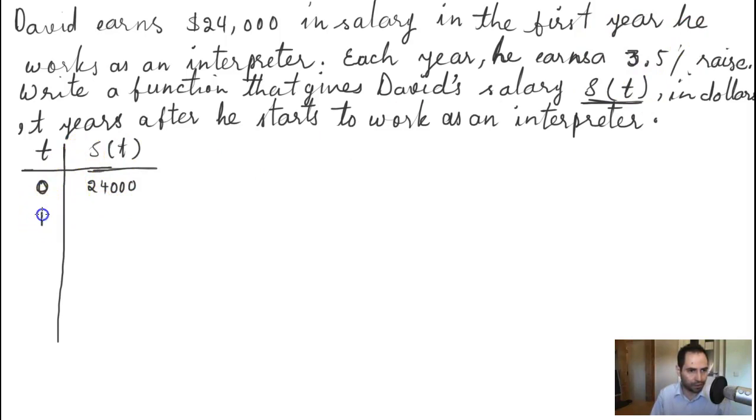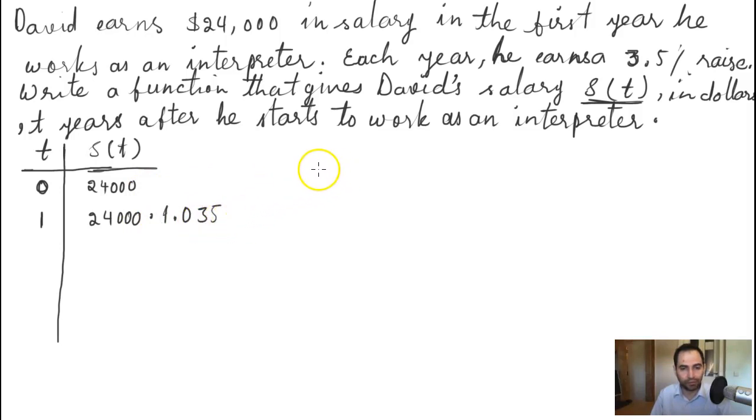So when t is equal to 1, after 1 year, you have 24,000 times 1.035. So this is a 3.5% increase.